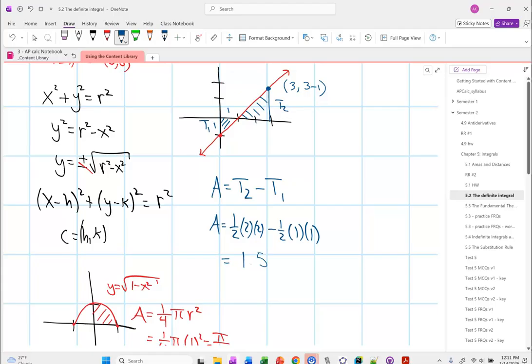If you're given a graph and just told this is the graph of f of x, compute this integral, and the components can be broken down into geometric figures, that is what the AP is going to want you to do. That is a very common presentation where they're going to ask you to compute this integral graphically by using geometry and breaking it into chunks, where you can calculate the area of each chunk using the area of a circle or a triangle or a square or whatever. Does everybody feel okay on that?